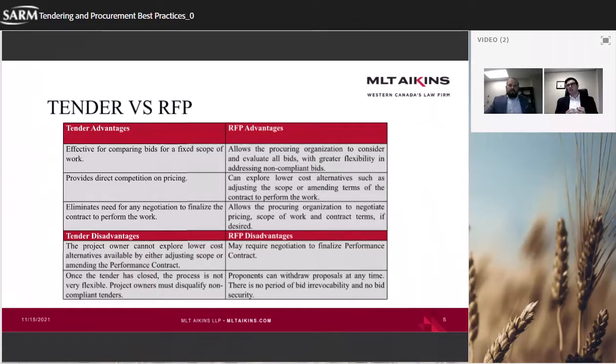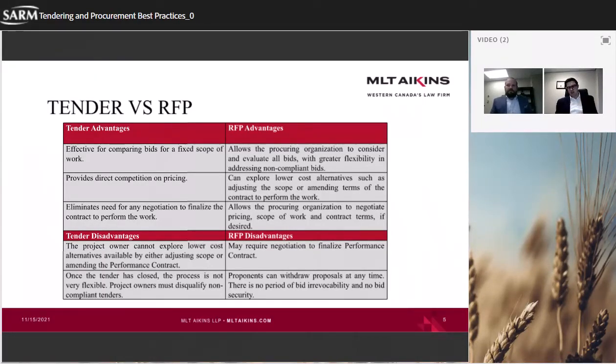It's not so good if you want to talk to the contractor and figure out whether there are efficiencies we can realize, or whether we're missing something. A tender doesn't allow you to negotiate after the fact. Basically, what you get is what you have to deal with.